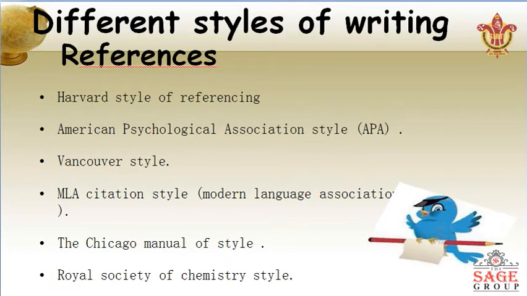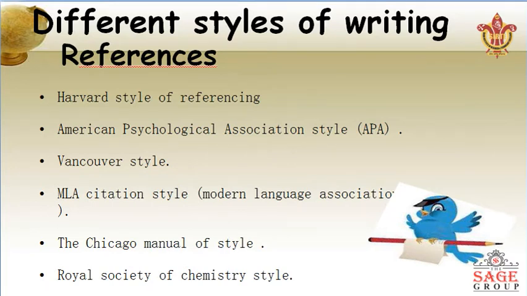The most used ones are the Harvard style of referencing, then the American Psychological Association style, then the Vancouver style, then the Modern Language Association citation style, the Chicago Manual of Style, and the Royal Society of Chemistry style. First, we shall look at the Harvard style.